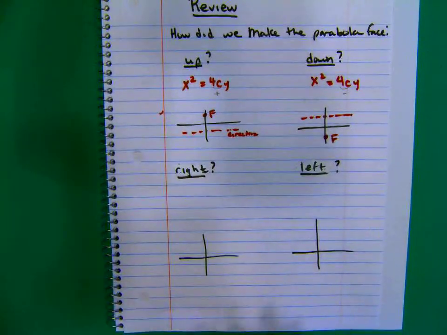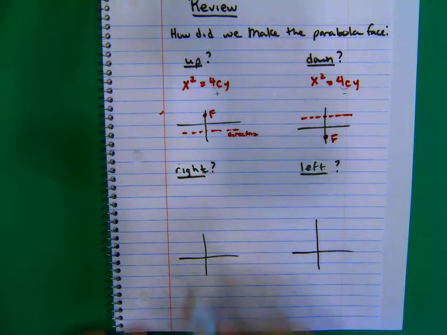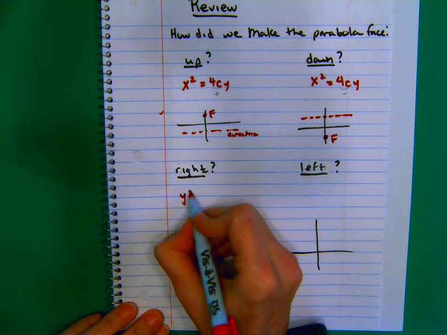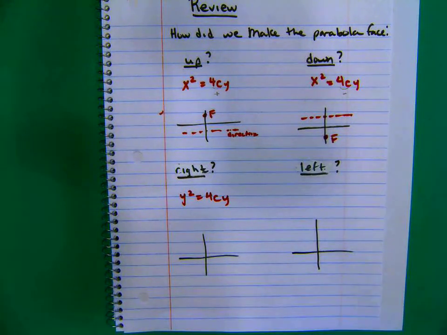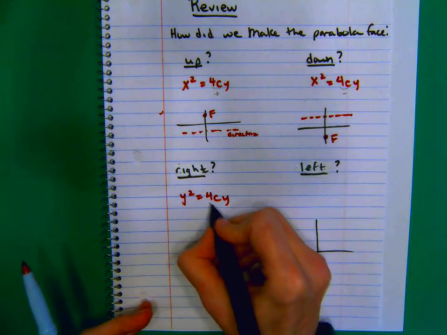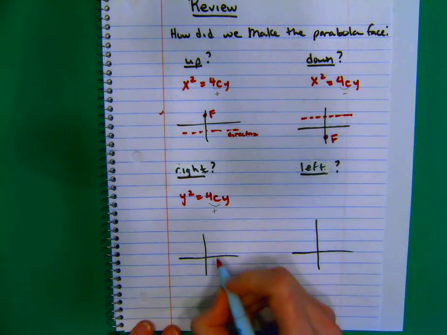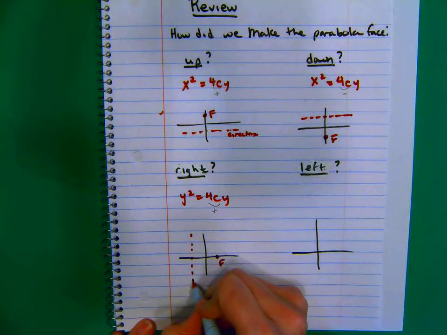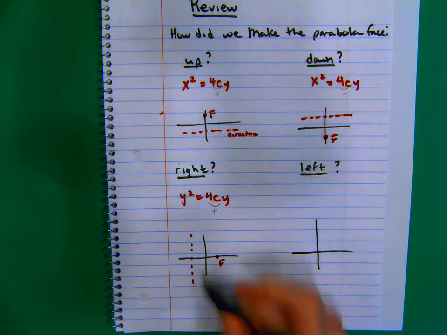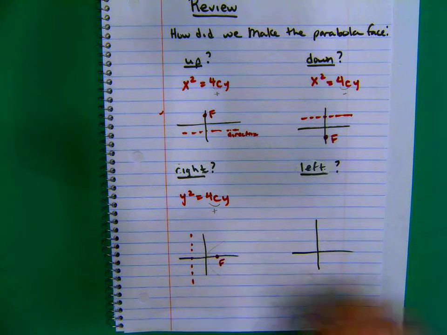Then we talked about right and left, and facing right was when we had the y being squared. The right-facing parabola had this 4c being positive, and so the focus was maybe over here somewhere, and the directrix over here somewhere, and that made a parabola that faced to the right.